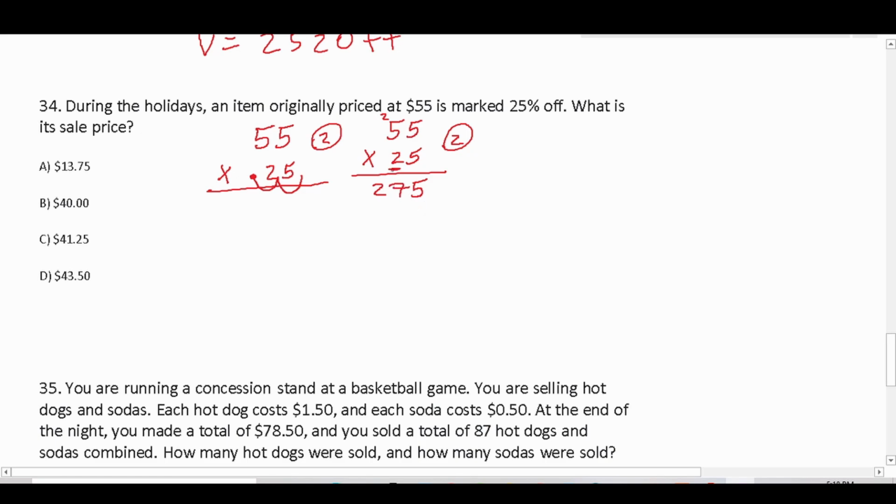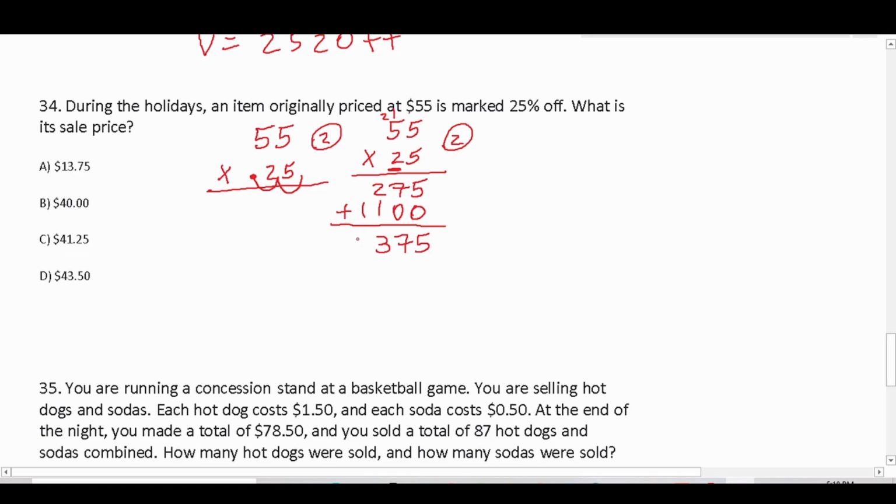Before we start multiplication with this 2, we want to bring down a 0 placeholder. 5 times 2 is 10. Carry a 1. 5 times 2 is 10 plus 1 is 11. Let's go ahead and add these two numbers together. 5 plus 0 is 5. 7 plus 0 is 7. 1 plus 2 is 3.